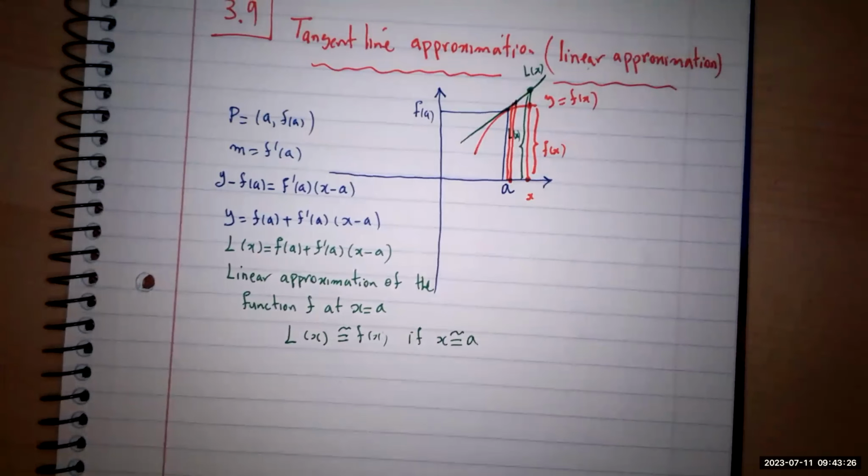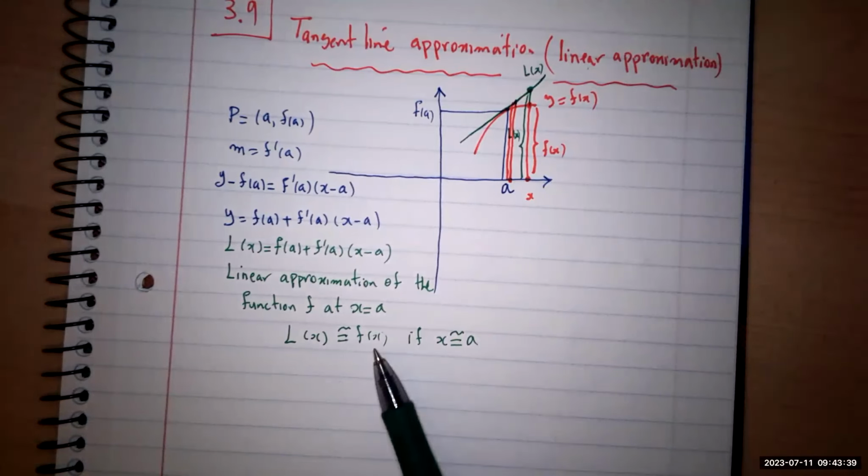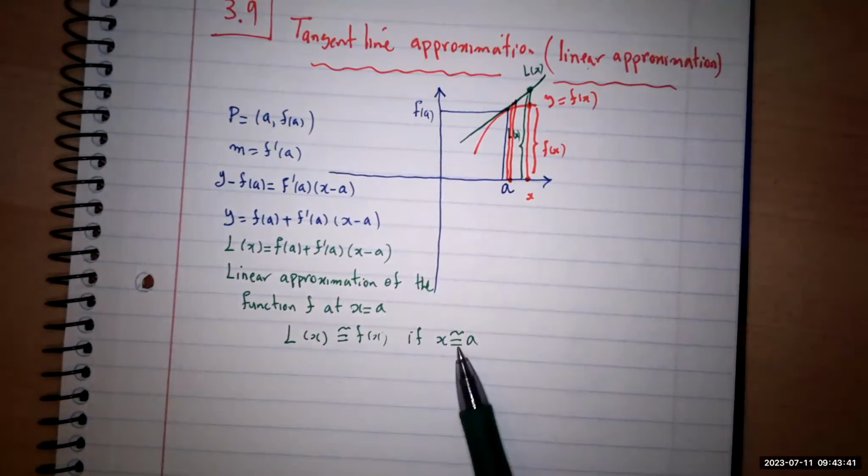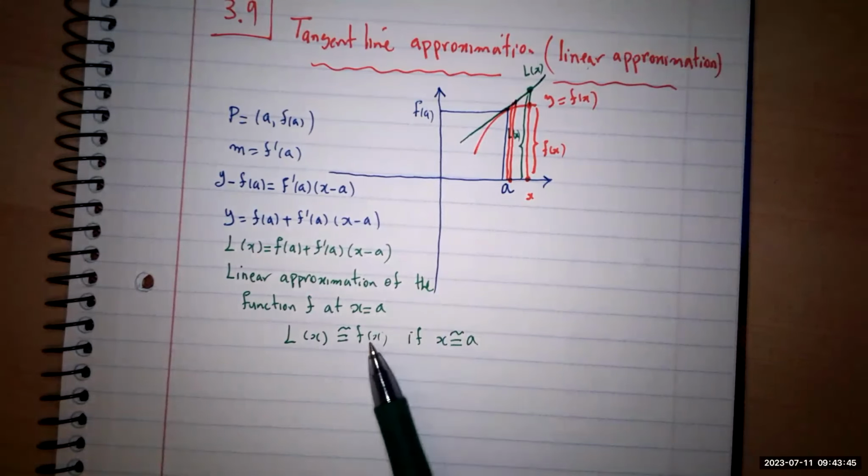So this is a kind of new calculator, if you like. This idea will tell you that the value of the function around the point a can be estimated by the same value from the tangent line.